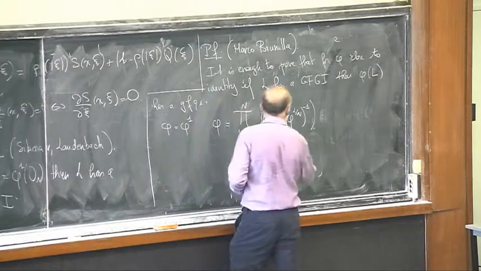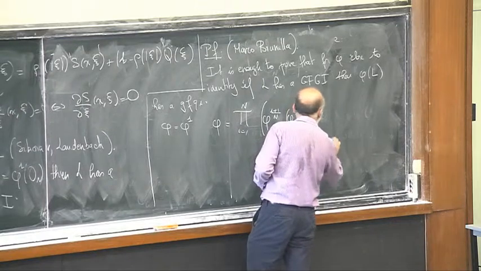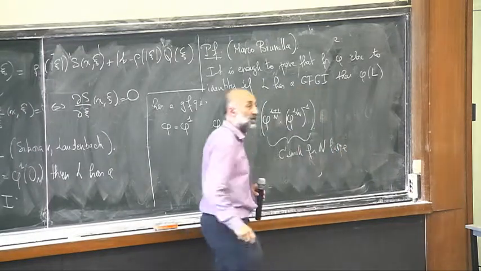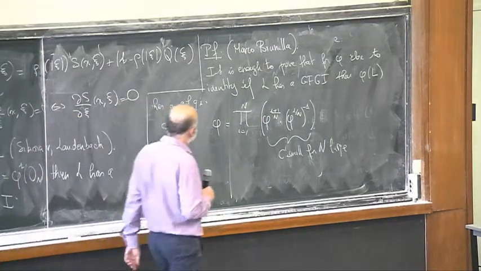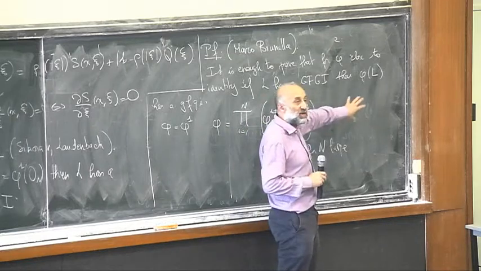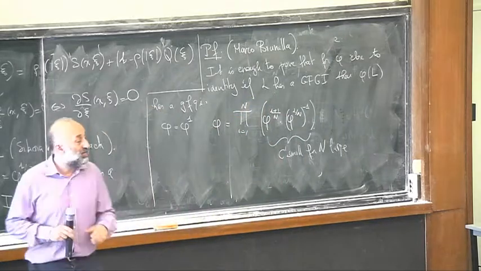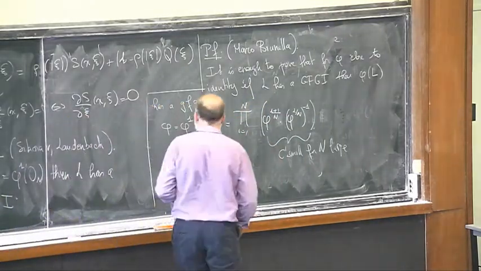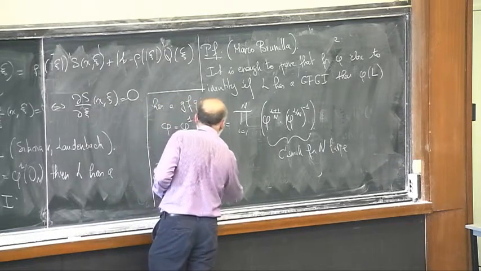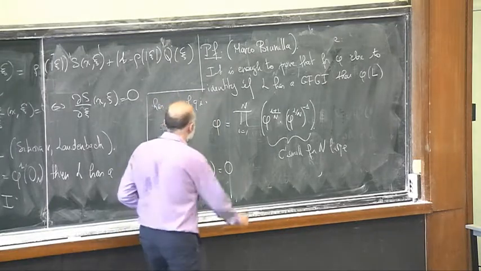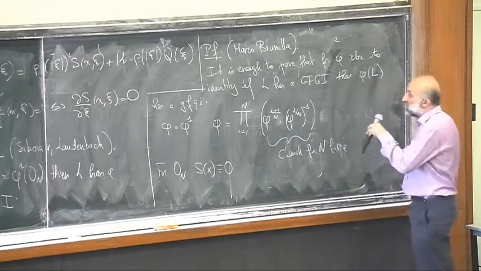This one is going to be C1 small for n large. And so you wrote phi as a composition of small maps, and then of course, if you start from the zero section, you know it has a generating function quadratic at infinity, and then by composing, all the images will have a generating function quadratic at infinity. Of course, for 0, S identically 0 is a generating function, needless to say.